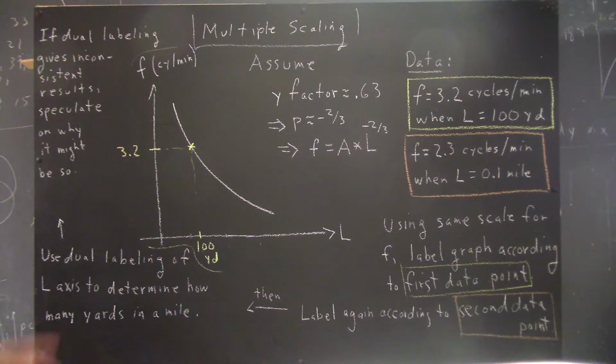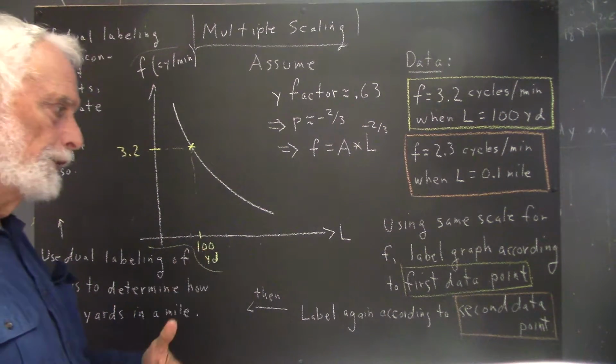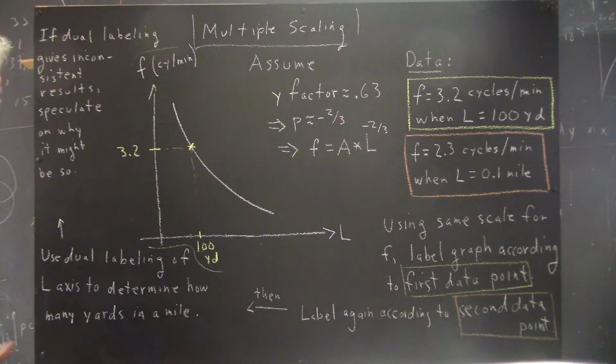Now we can use that dual labeling, it turns out, to figure out how many yards there are in a mile. We already know how many yards there are in a mile, although people really don't know how many feet there are in a mile or how many yards in a mile anymore. But it's easily accessible information, and if you had to use it, you'd be able to quickly learn what those numbers are, and maybe you do know what those numbers are.